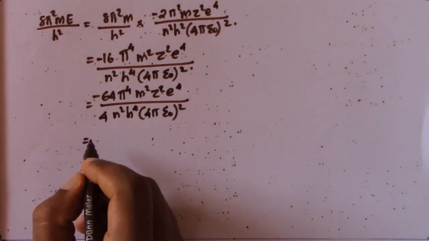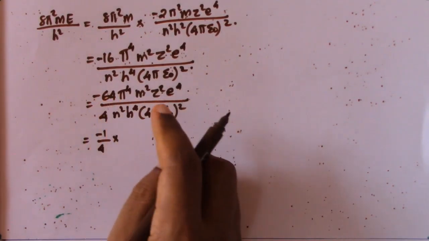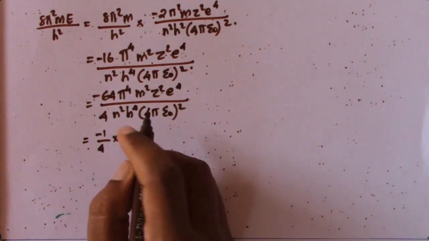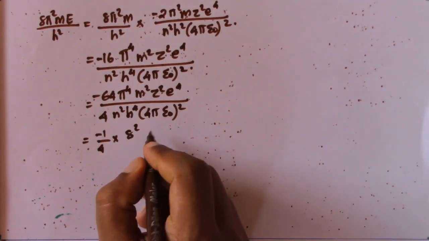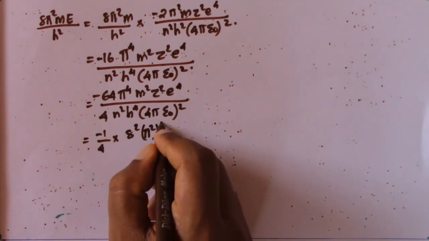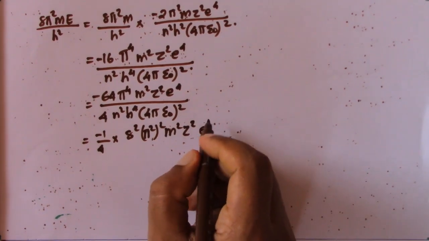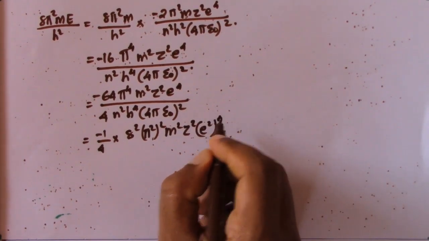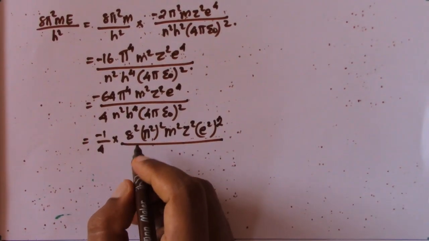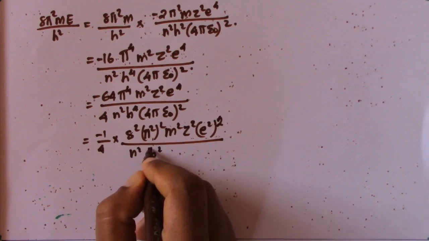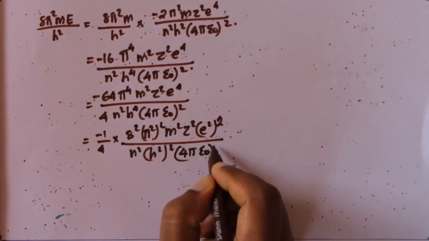So that is equal to minus 1 by 4 into, I can write 64 as 8 square, pi raised to 4 as pi square the whole square, m square z square e square the whole square, divided by n square h square n square h square the whole square, 4 pi epsilon 0 the whole square.